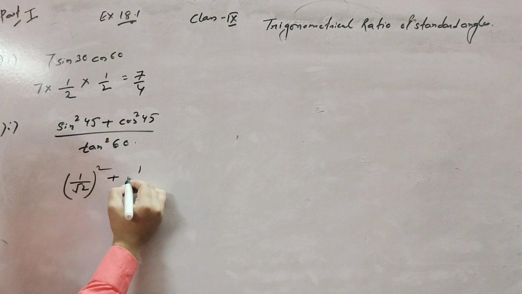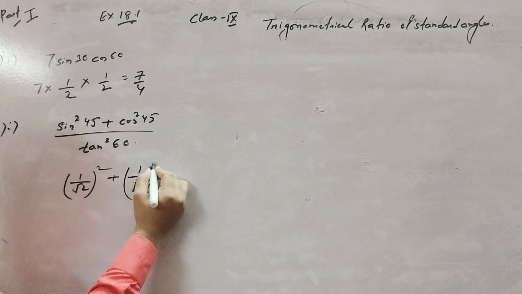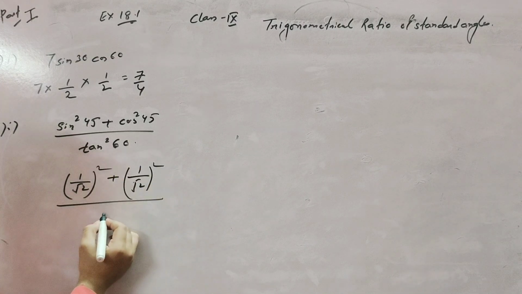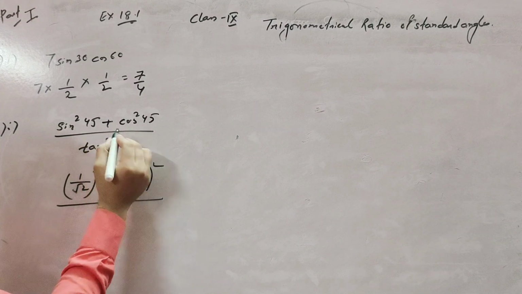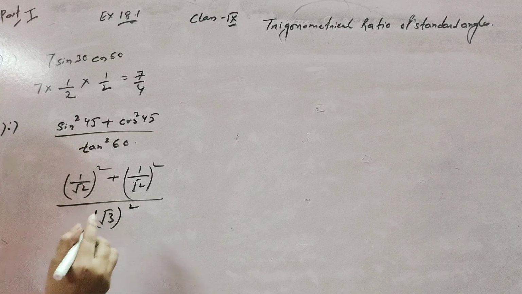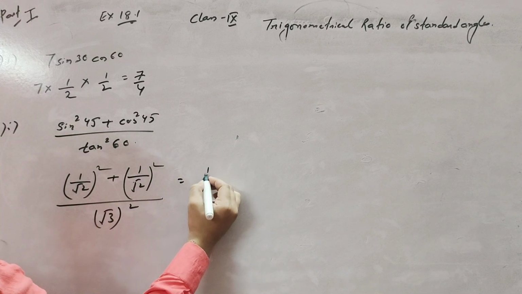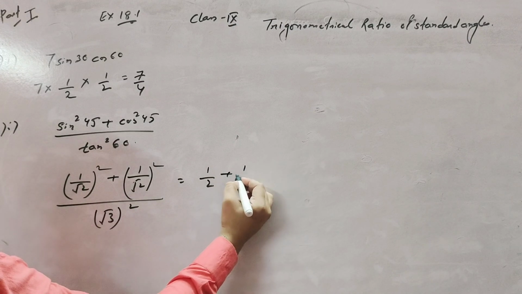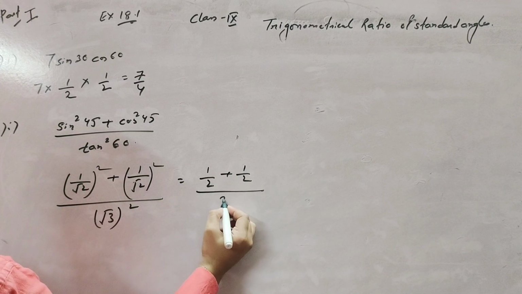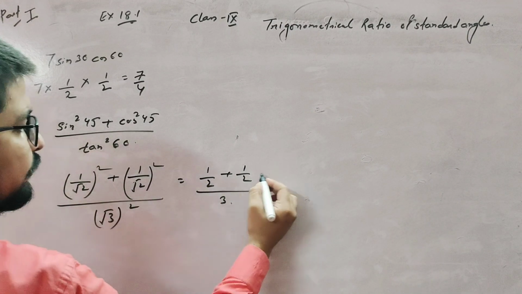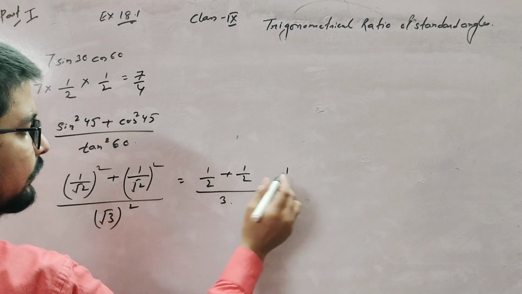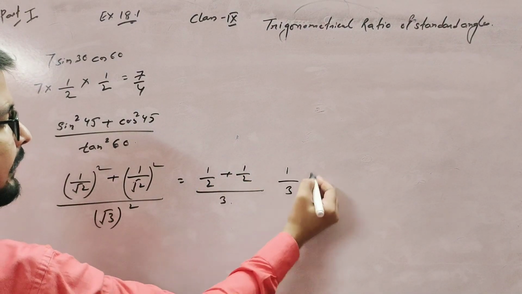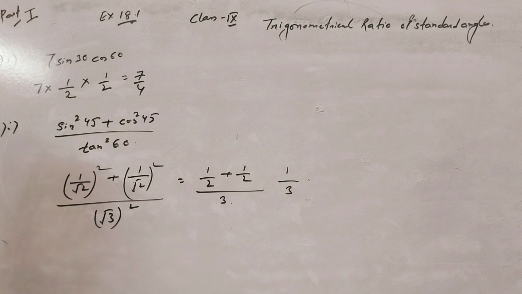Cos 45 value is 1 by root 2 and square is given. Tan 60 value is root 3 and square is given. When we open the squares we get 1 by 2, because 1 square is 1 and root 2 square is 2. Again 1 by 2, divided by root 3 square, which is 3. So 1 by 2 plus 1 by 2, that is half plus half, that is 1, by 3. So the answer is 1 upon 3.